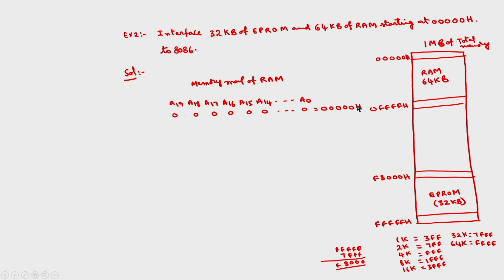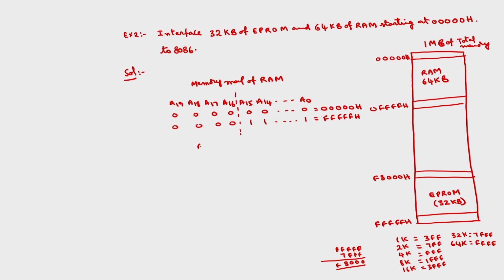The ending address is 0FFFFH: 0 is four zeros, FF means all ones. And this particular 64 kilobytes of memory will have how many address lines? 16 address lines. So A0 to A15 you have to connect to A0 to A15 of the 8086. Now the only address lines available to find the chip select are A16 to A19.